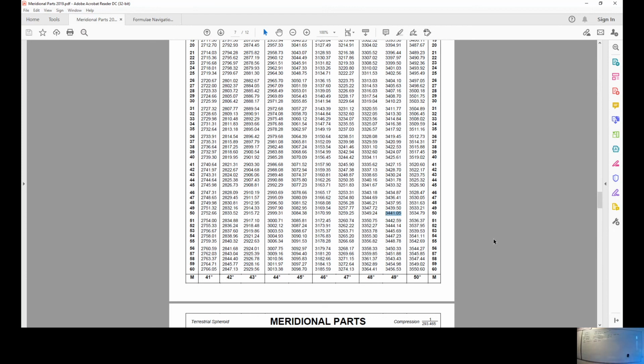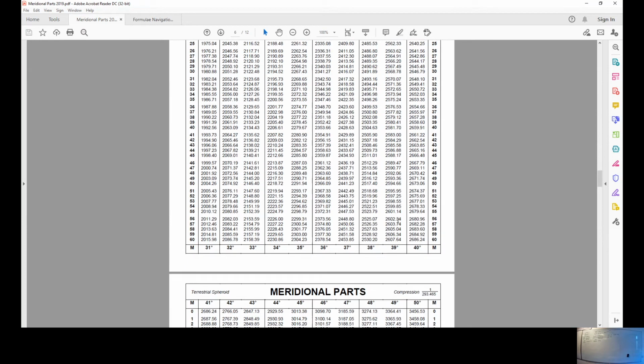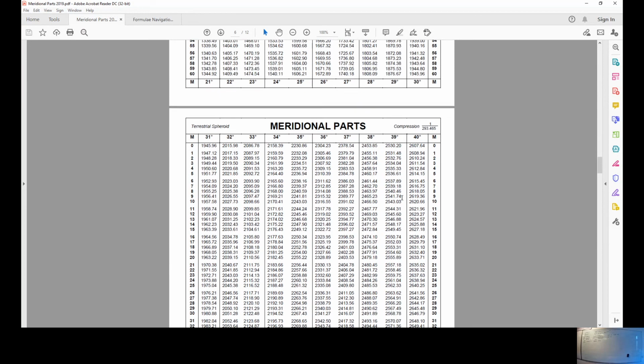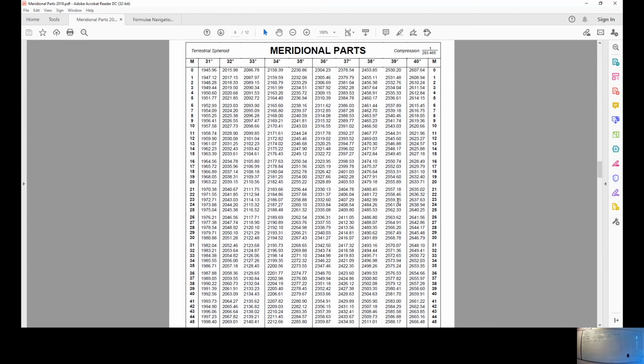In some versions of the meridional parts tables, once you are below 10 degrees, it only goes to 1 decimal place. Generally speaking, it's 2. So the next one, we were at 33 degrees, 17 minutes. So we go into 33 degrees, 17 minutes, and we get 2106.99.